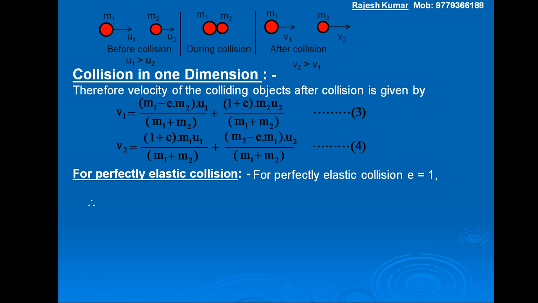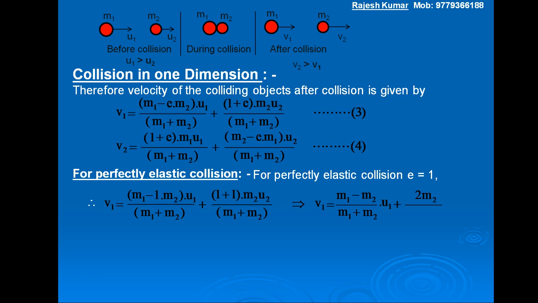Therefore V1 is equal to (M1 − 1) M2... that is, (M1 − M2) U1 upon (M1 + M2) plus (1 + 1) M2 U2 upon (M1 + M2). Since 1 plus 1 becomes 2, it becomes 2 M2 upon (M1 + M2) into U2.